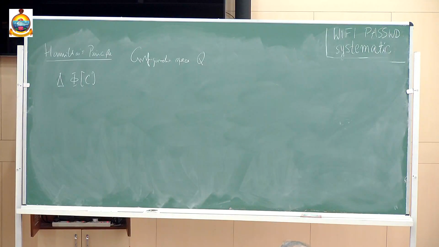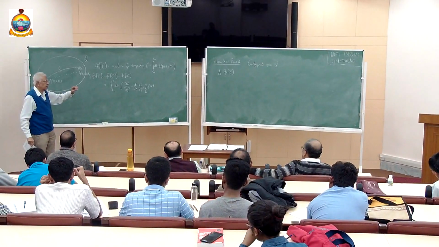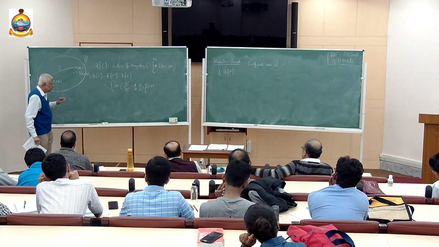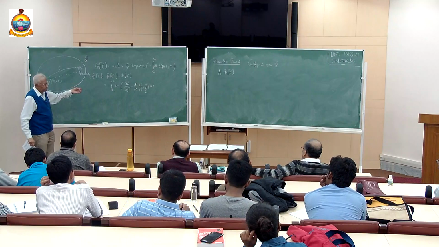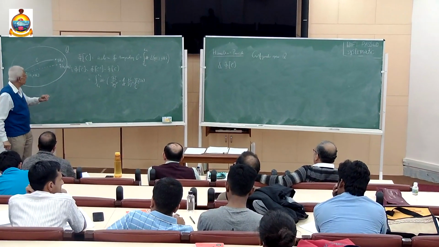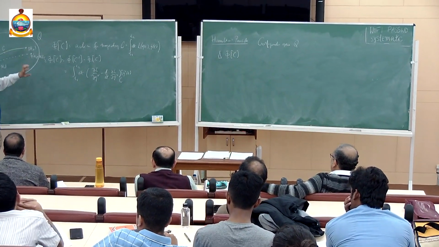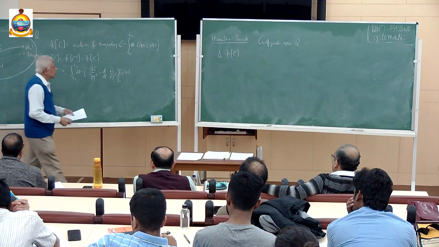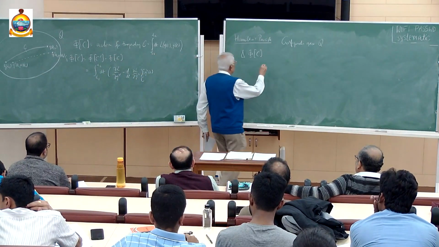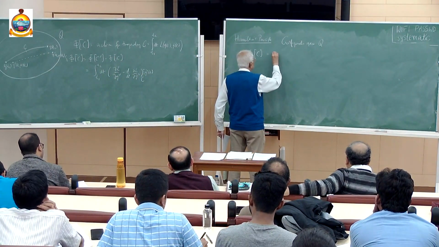So, initial point, initial time, final time are allowed to change. Initial configuration coordinates, final generalized coordinates are also allowed to change. So, it is not starting from the same initial point and ending at the same final point. So, what does this mean?